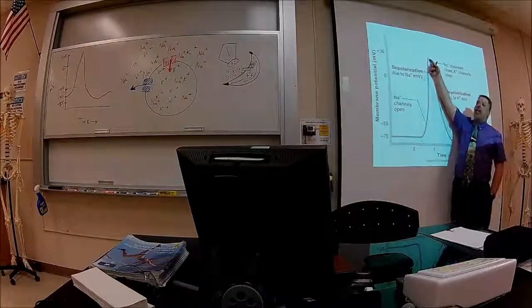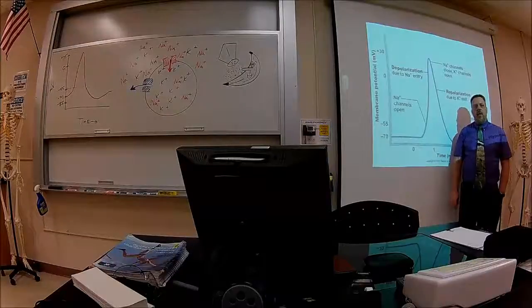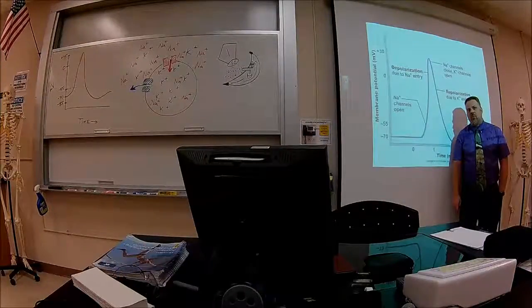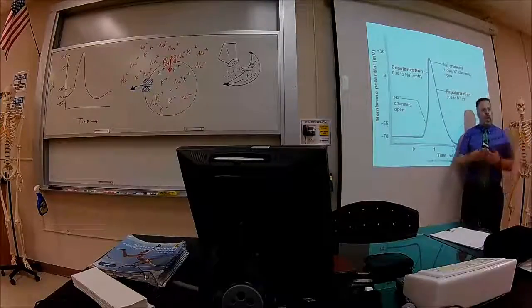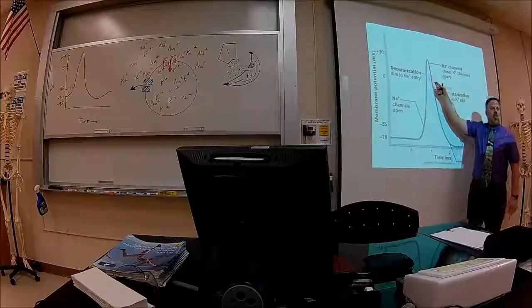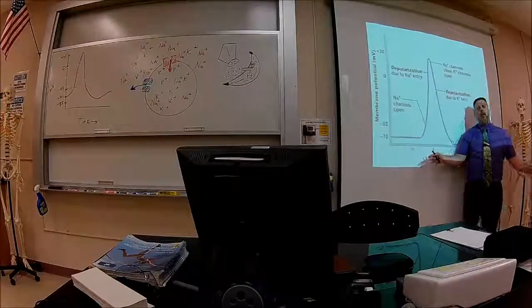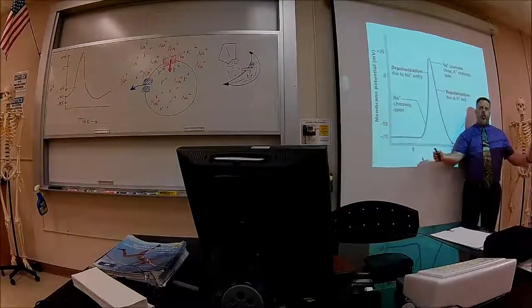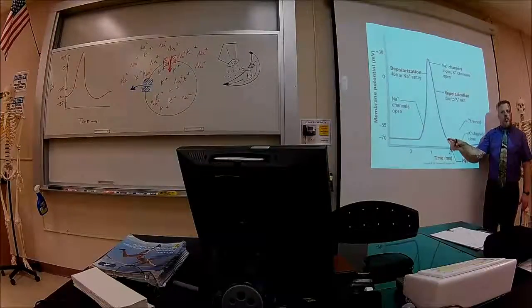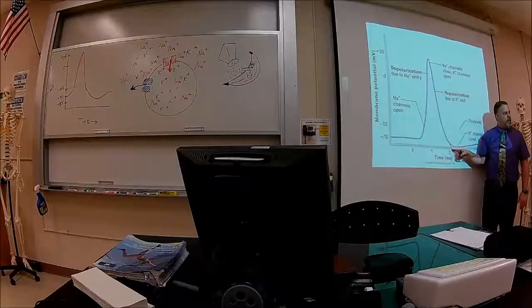At the same time, potassium channels are going to open very fast. And you will have tons of potassium ions leaving the cell, making the cell more negative. But the potassium channels are going to close slowly, and because of that, it's going to undershoot. It's still going to go below -70.